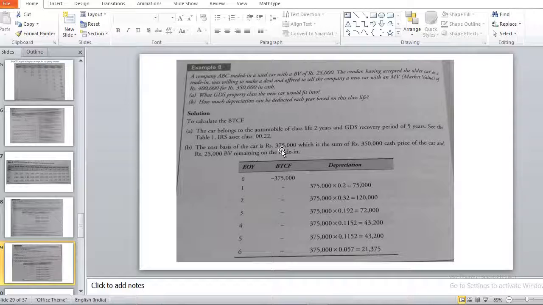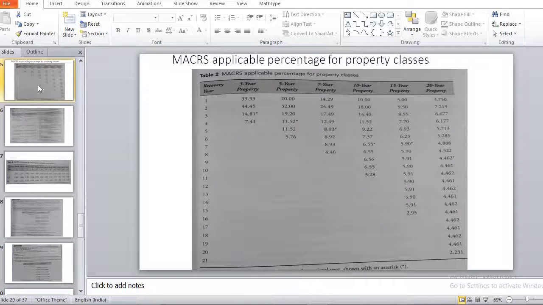The cost basis is considered as 3,75,000, which is the sum of 3,50,000 and 25,000, the previous book value. Now from the second table for 5 year property, these are the percentages for calculation of depreciation: 20%, 32%, 19%, 11%, and 5.76%.